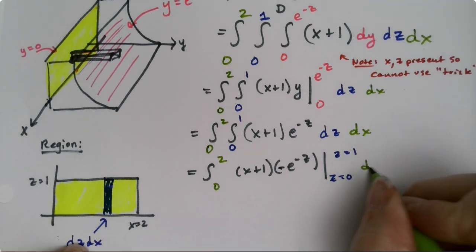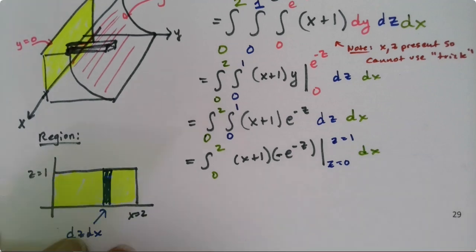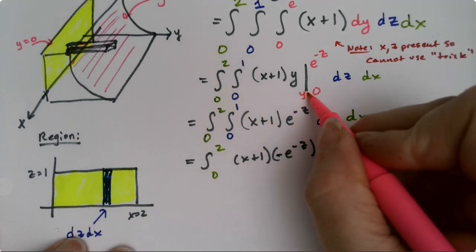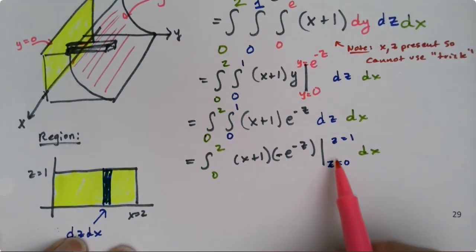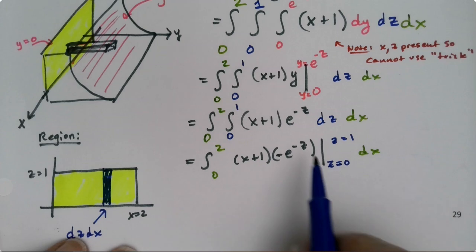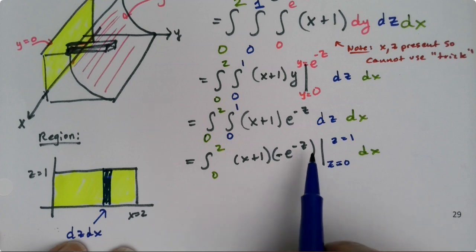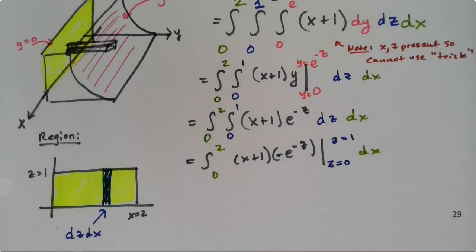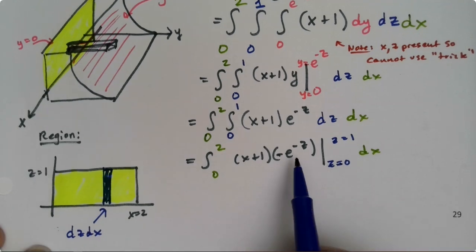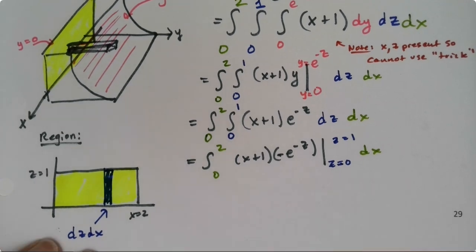And again, I'm just putting the z's in there to remind myself of what I'm doing. Like these were y values right here. These are z values. Okay, so now this is a transcendental function. You actually have to put these values in. A lot of students get too used to e to the 0 being, well, when they substitute the 0 in, it's nothing. But this 0 going in is going to make something. So you've got to be careful.